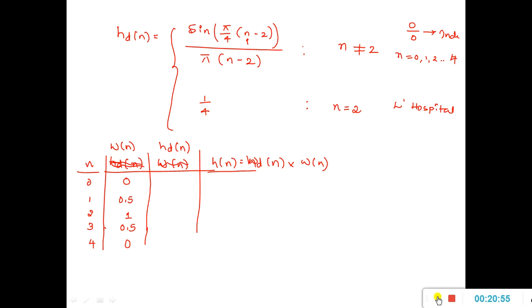Now we will try to calculate hd of n and see what output we get.